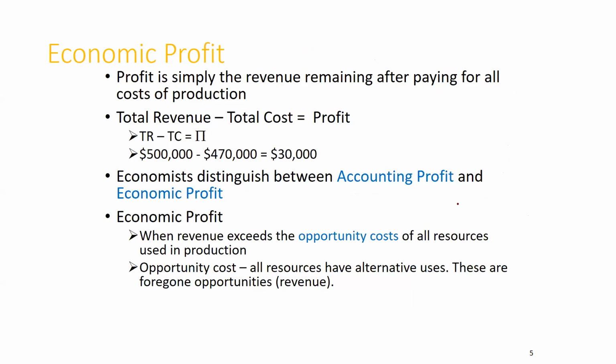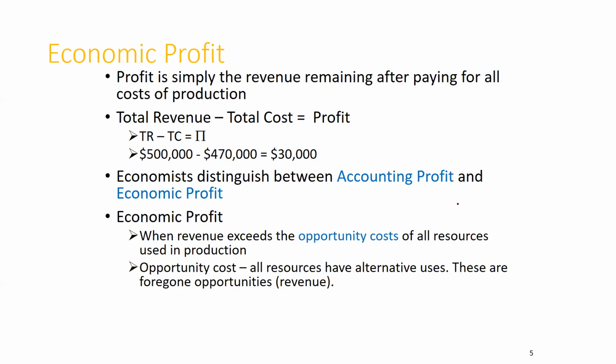Price times quantity, yes? And the cost is fixed cost plus variable cost. That's equal to profit. However, there's a very important distinction when it comes to accounting profit and economic profit. Economic profit relates to any revenue that is exceeding the opportunity cost, because in economics, we consider even what we forgo as a part of our cost.